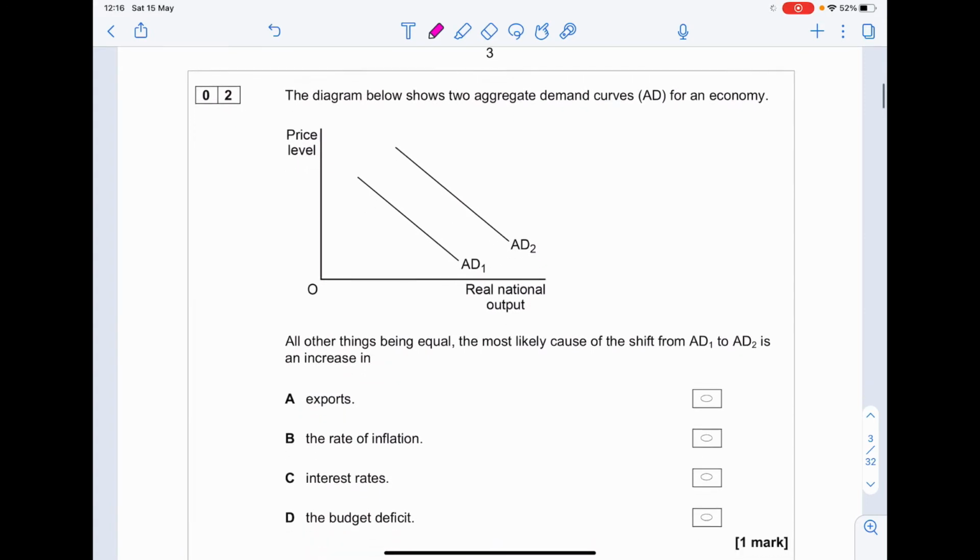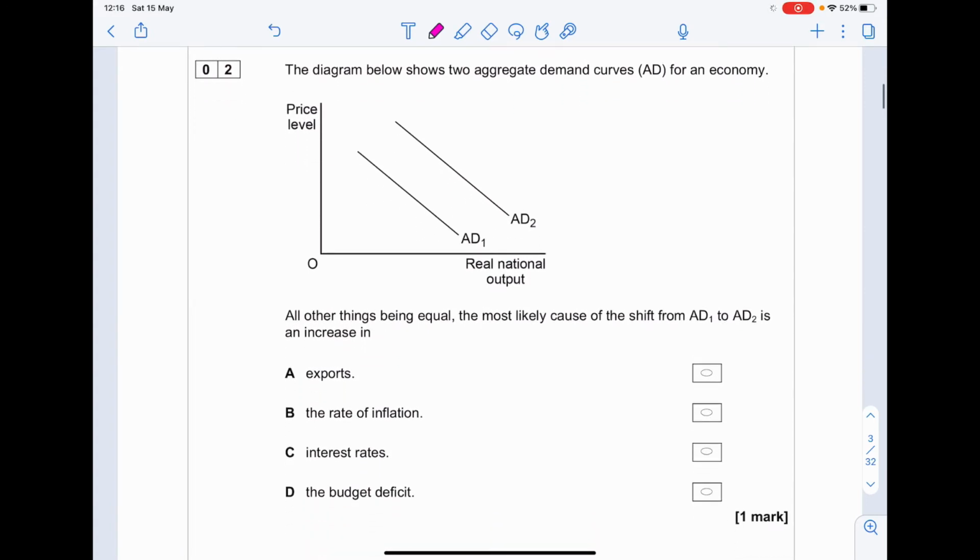Right, so before you start tackling any diagram questions, especially one on aggregate demand, it's useful to remind yourself what aggregate demand is. So it's C plus I plus G plus X minus M. So this question is showing you two aggregate demand curves, shifting to the right, and what is the most likely cause of a shift to the right of the aggregate demand curve.